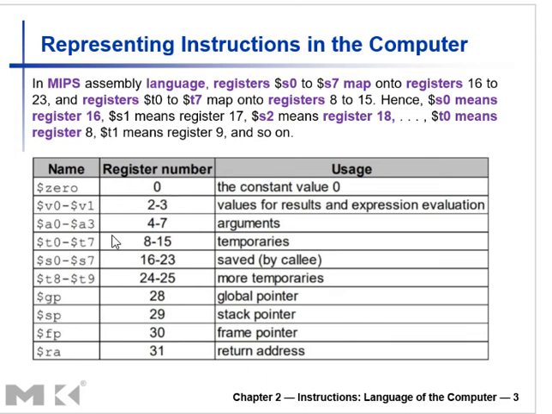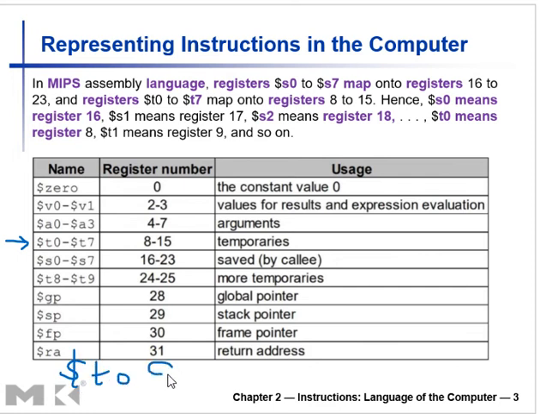Let's see some other registers which we use quite a few times, like register T0 to T7. The numbers are 8 to 15. What does it mean, 8 to 15? For register T0, the corresponding number is 8.